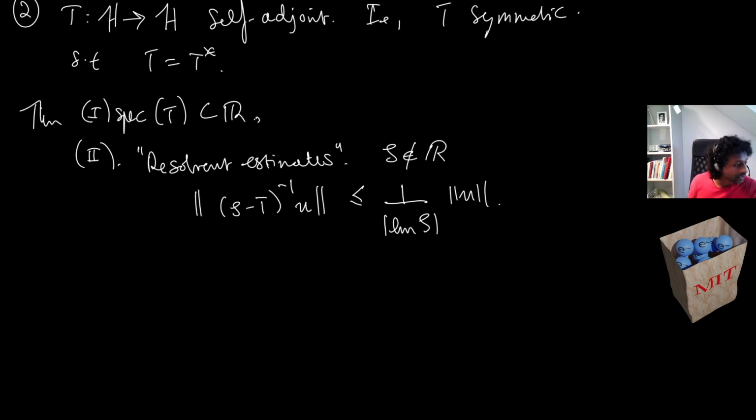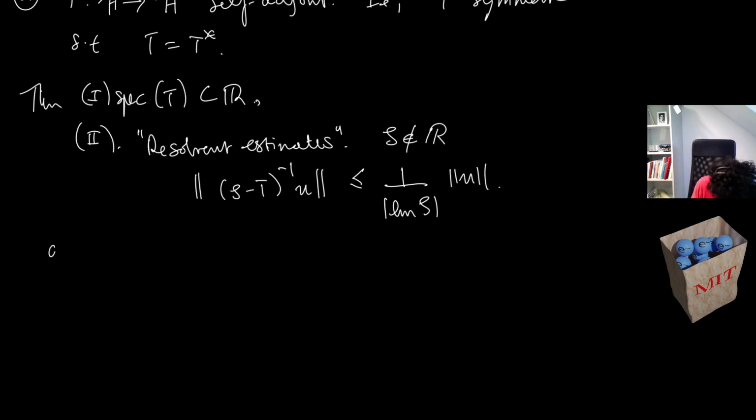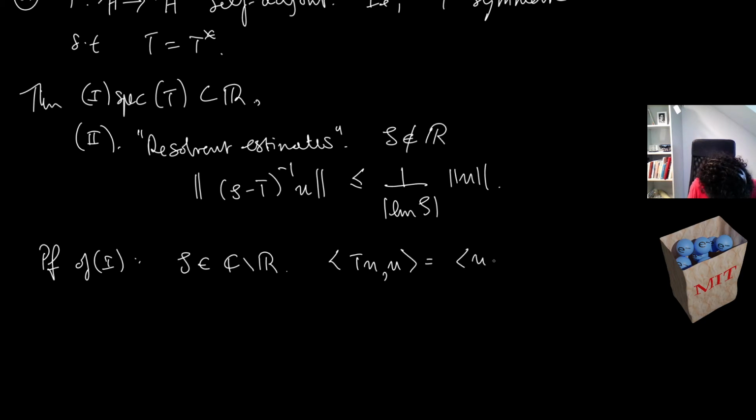So let me quickly run this by you. How do we prove this? Take some zeta in the complex plane. What we have is the inner product of Tu with u is equal to the inner product of u with Tu. But we also know that if we take the inner product of Tu with u and conjugate, so we swap the T and the u, that these two relations hold.